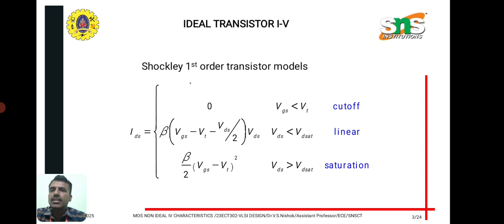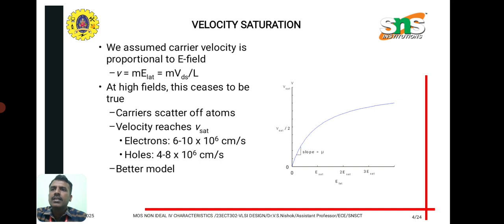We will have the cutoff region, where IDS is 0, and in the linear region, that is the non-saturation region, the IDS depends on the VDS, VGS and VT value, and in the saturation region, the IDS value, that is the drain current, depends on the VGS and VT value, where beta is a constant. So the ID value is calculated in three different regions based on the condition, the ideal condition.